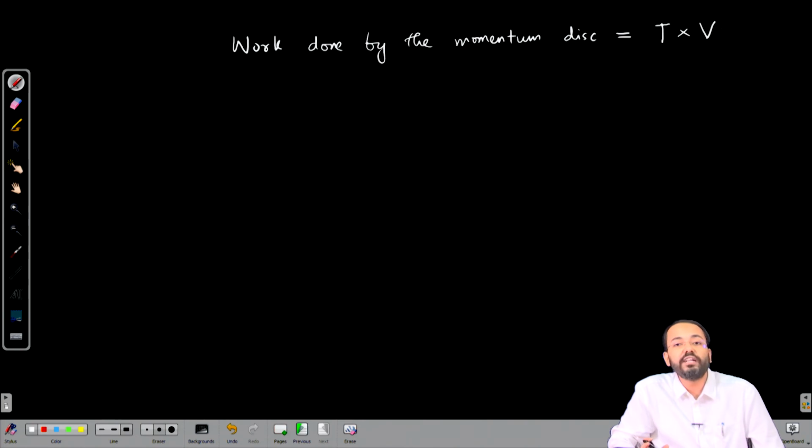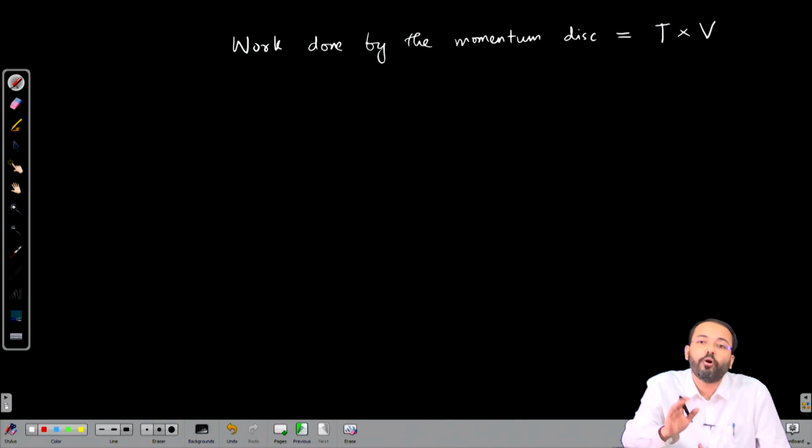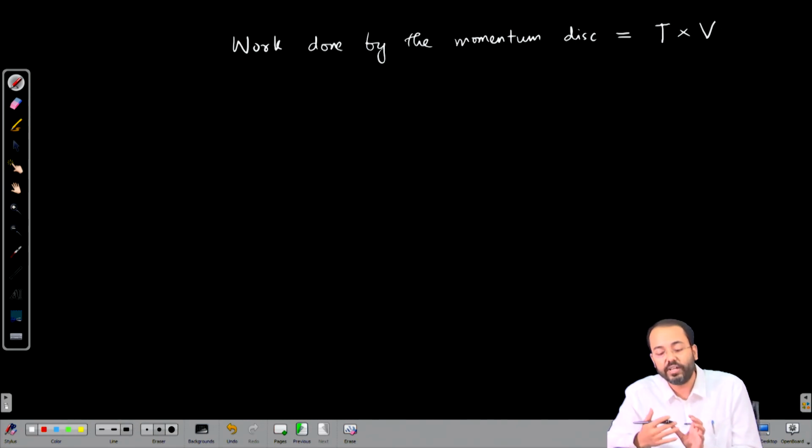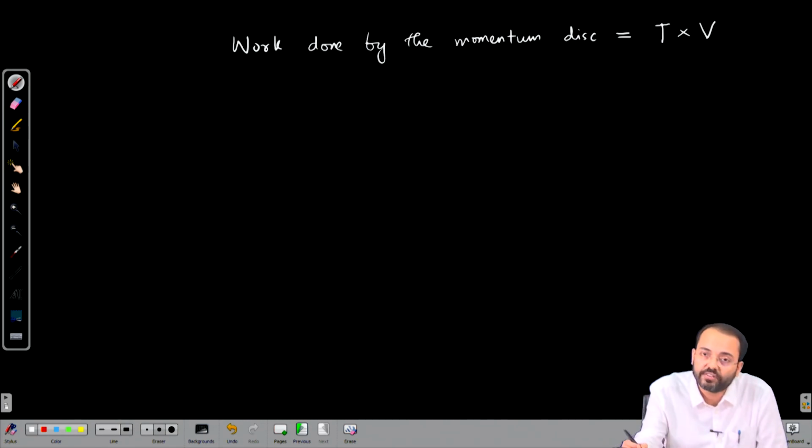So, here we will not take Vp or any other velocity, it has to be the velocity at which the momentum disk is moving ahead, or the fluid is coming in, in this case the inlet velocity. So, thrust times the velocity.